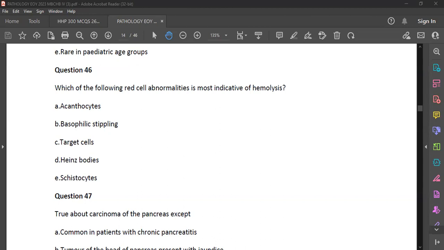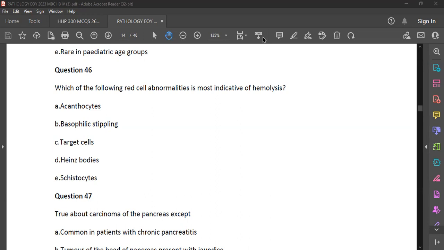Target cells, you'll want to talk about the hemoglobin C disease or thalassemias or even liver diseases. For Heinz bodies, you want to talk about G6PD deficiency. So yesterday I talked about and referred to a question where we were talking about the MAHA, the microangiopathic hemolytic anemia.